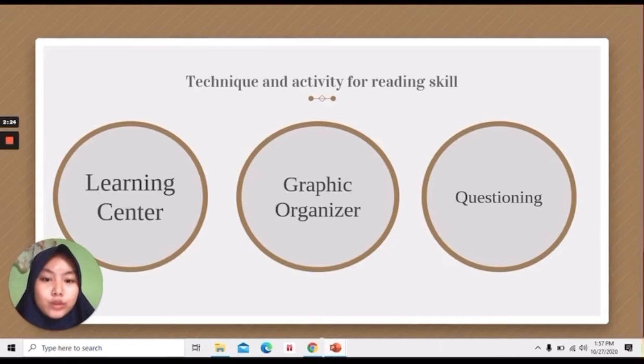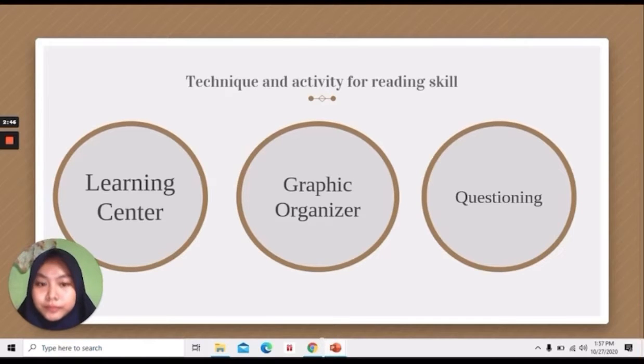Itu yang disebut dengan graphic organizer. Dengan graphic organizer, siswa dapat memperbanyak vocabulary mereka sehingga mereka bisa memahami teks lebih cepat karena vocabulary-nya sudah terlatih di graphic organizer.